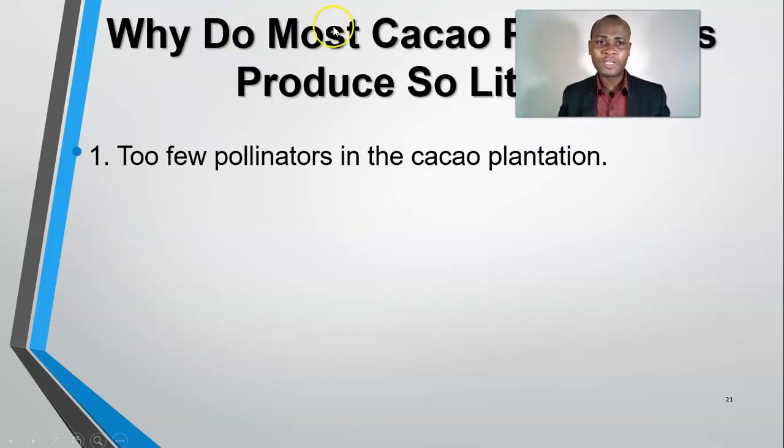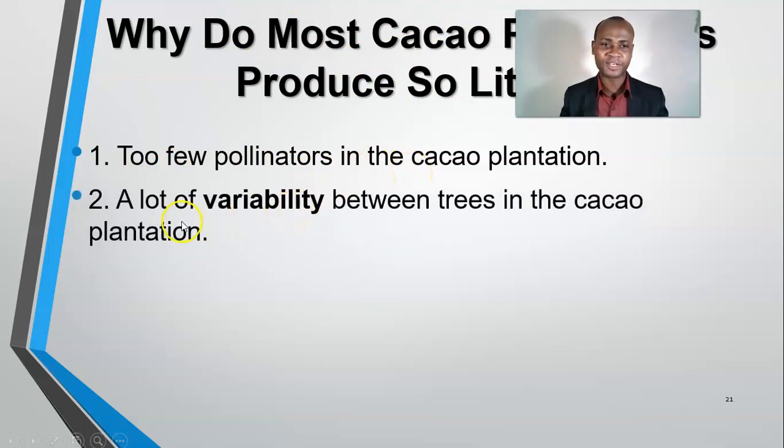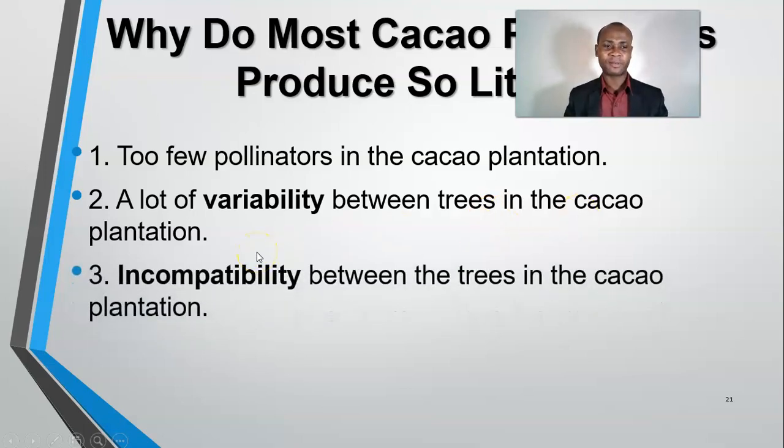This is why most plantations produce so little. Number one, too few pollinators in the cacao plantation. Number two, a lot of variability between the trees. Number three, incompatibility between the trees.